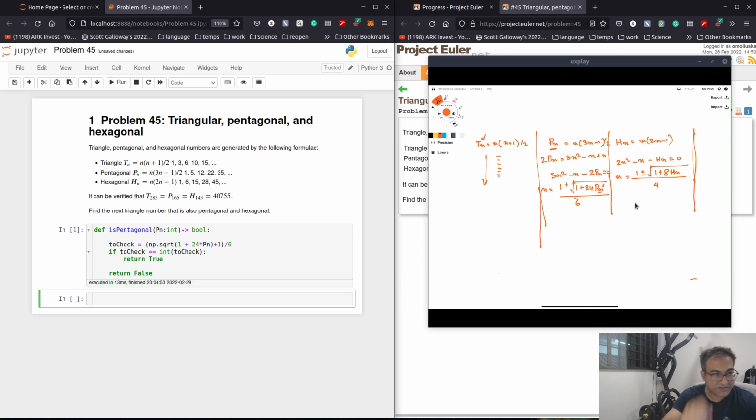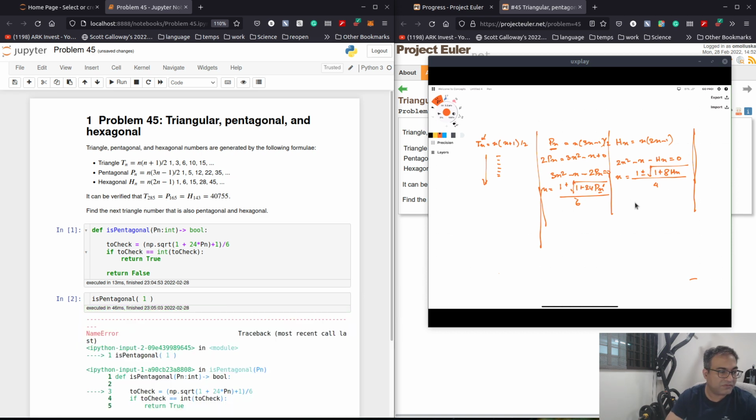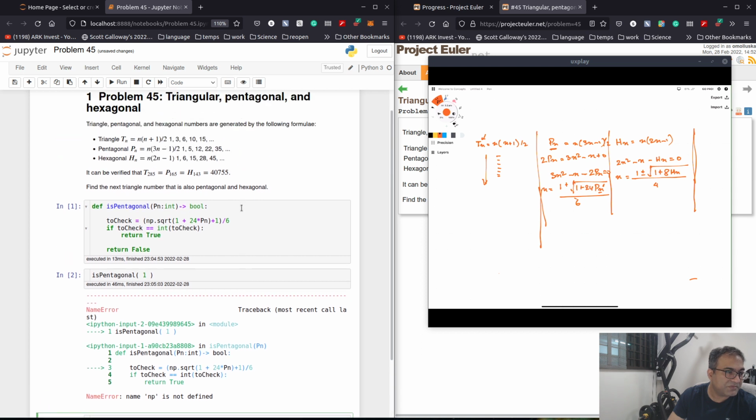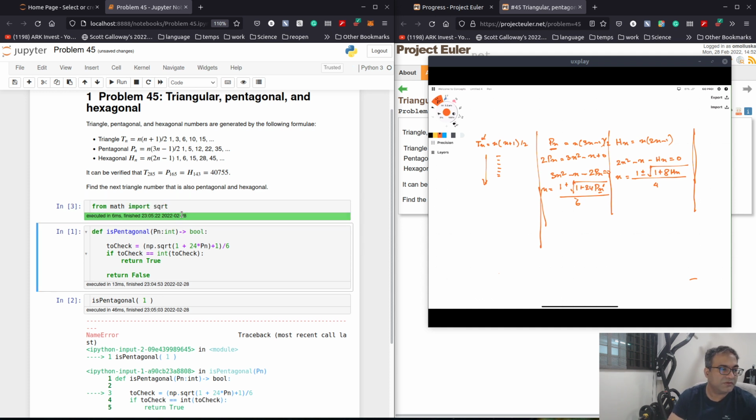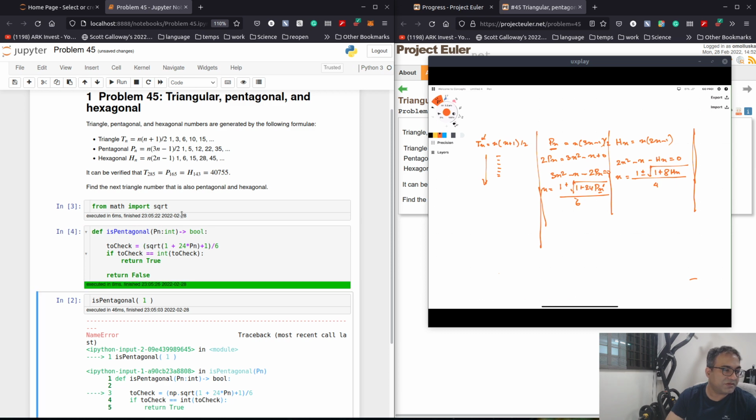So let's check a few pentagonal numbers. Is pentagonal 1? We have a problem. NP. Okay, let's import, we don't have to depend upon numpy then.